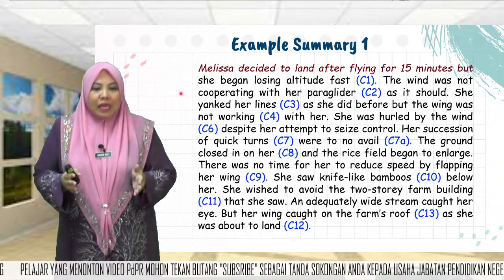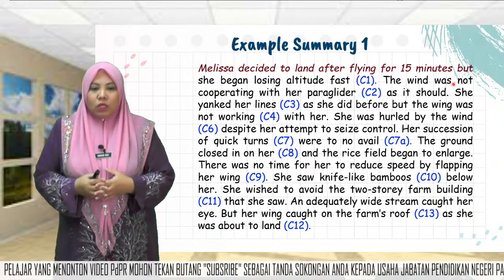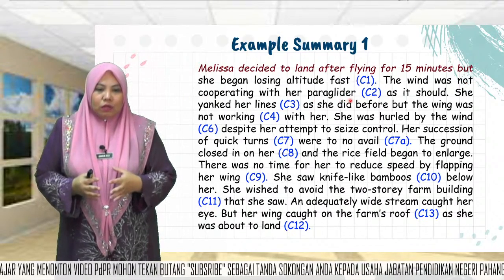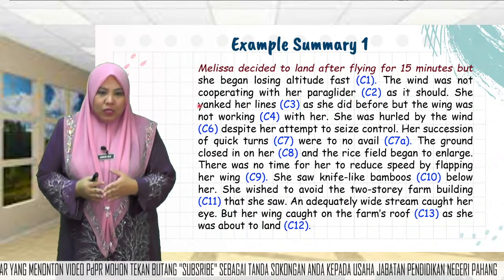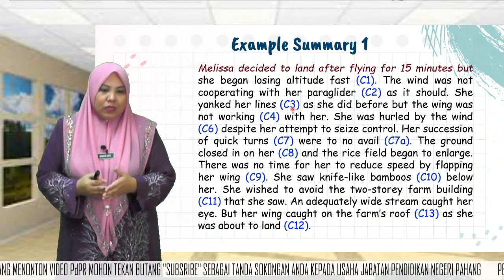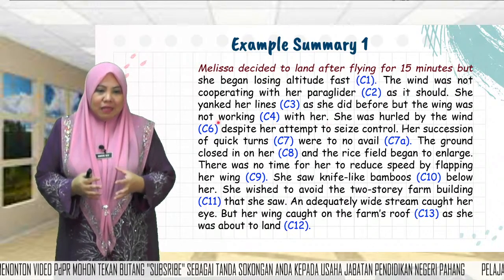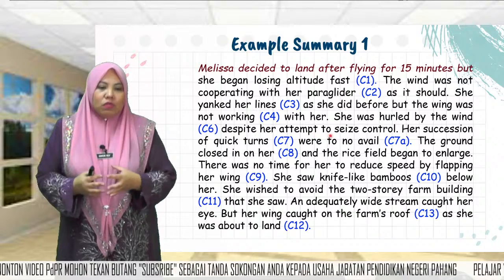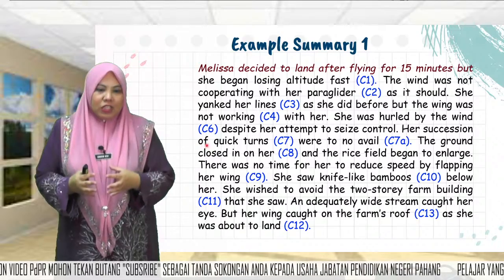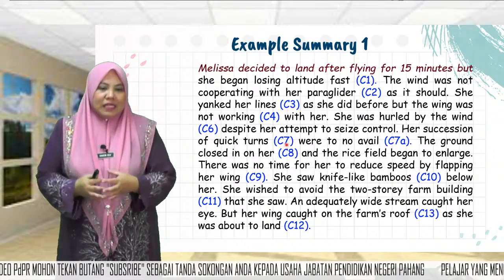Okay, she began losing altitude fast. Content point number 1. The wind was not cooperating with her paraglider. C2, as it should. She yanked her lines. C3, as she did before, but the wing was not working with her. That's C4. She was hurled by the wind. C6. Despite her attempt to seize control, her succession of quick turns were to no avail. So C7 and C7A.